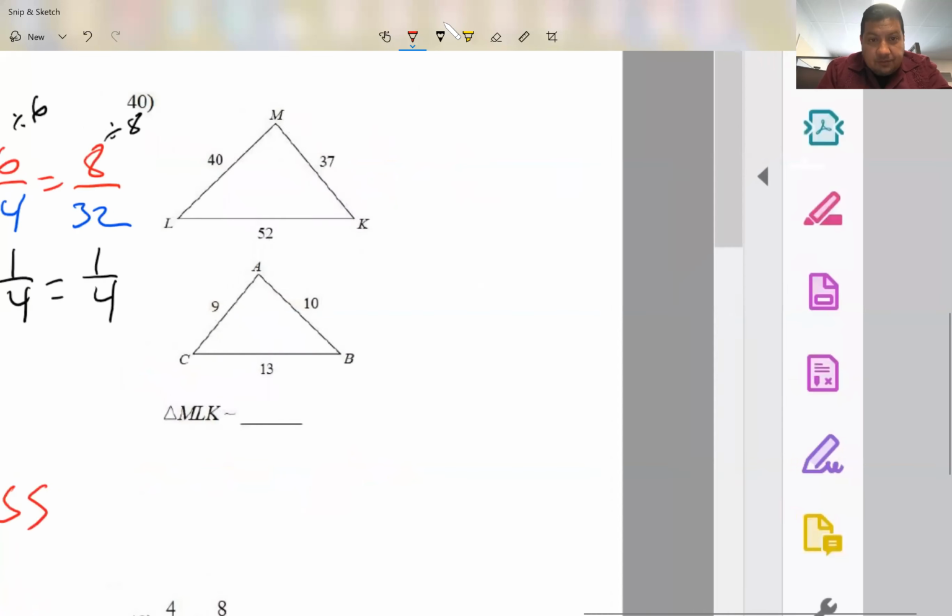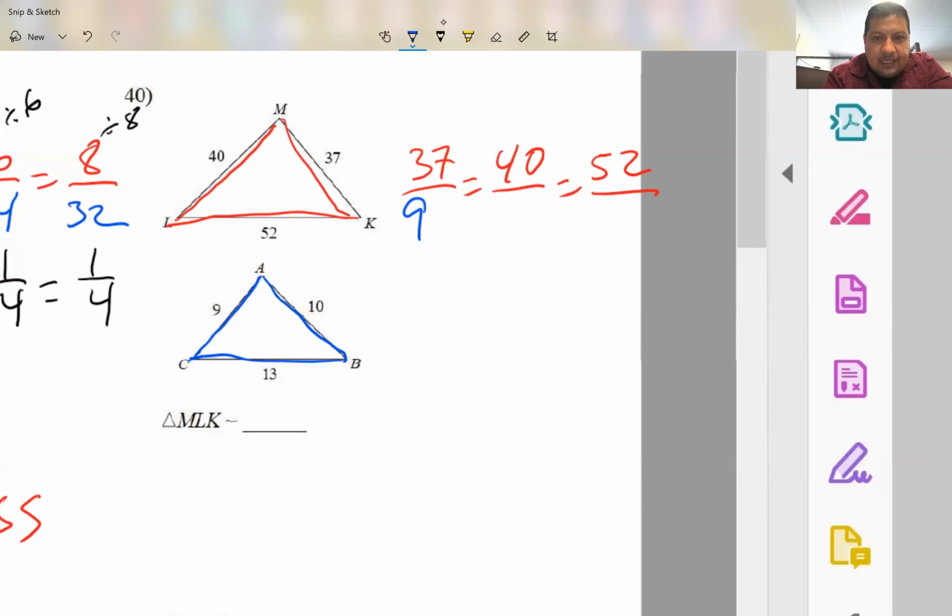Notice I wrote them from small to large. Now on the blue triangle, the triangle on the bottom, I'm going to write 9, 10, 13. Okay. I went from small to large.